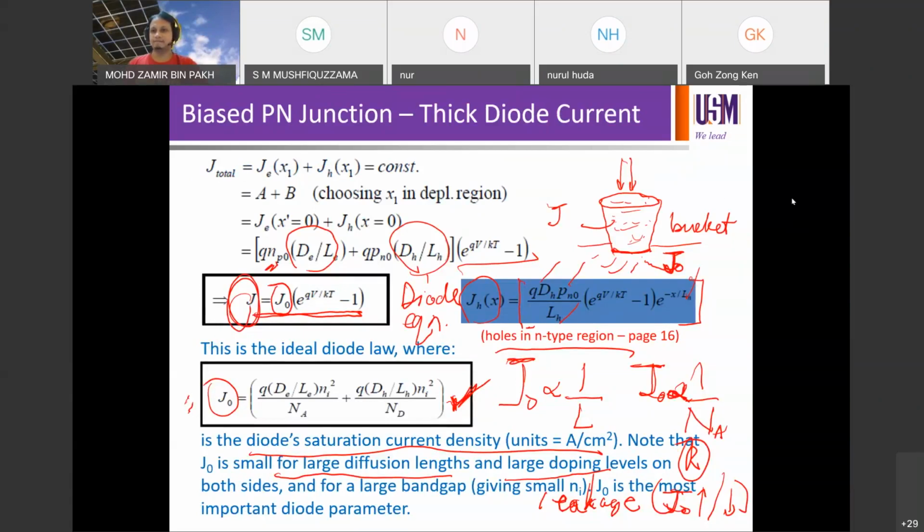Anyone? No, not resistivity. Resistivity will reduce. You increase the doping, resistivity will reduce because the conductivity improves. Yes, recombination, right? So you increase your doping level, recombination increases.